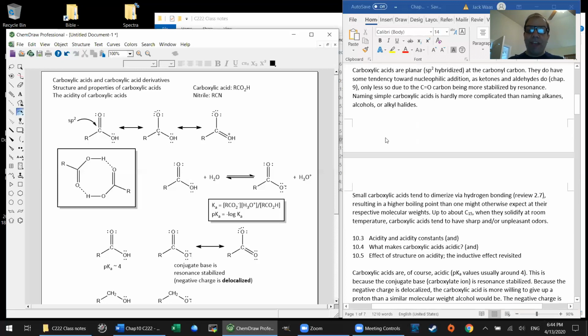What else can we say about naming carboxylic acids and the structure of carboxylic acids? Well, I think I can leave you to learn about their naming pretty much on your own through OWL. And as usual, if you know how to name alkanes or alkyl halides or alcohols, you know 90 to 95% of what you need to know in order to name simple carboxylic acids.